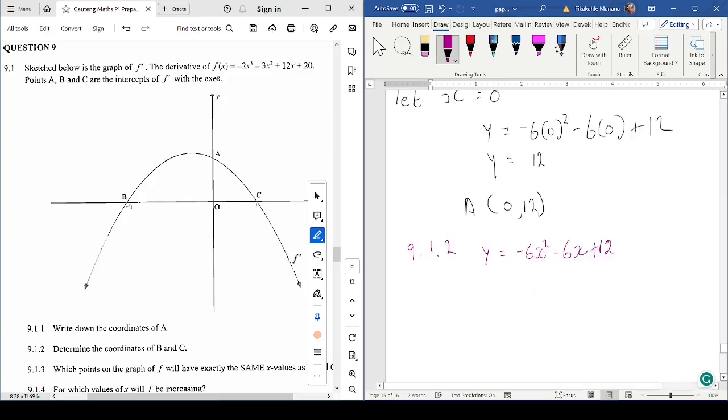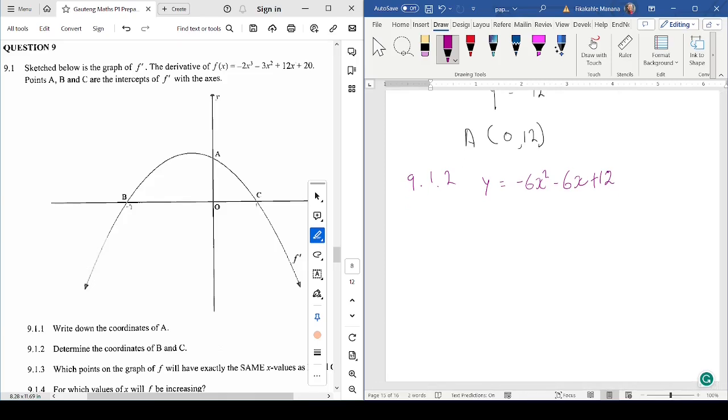Now to determine the x-intercepts, you say let y equal 0. With this y, we substitute: 0 equals minus 6x squared minus 6x plus 12. Now I'm going to divide everything by minus 6 just to get rid of that minus 6.